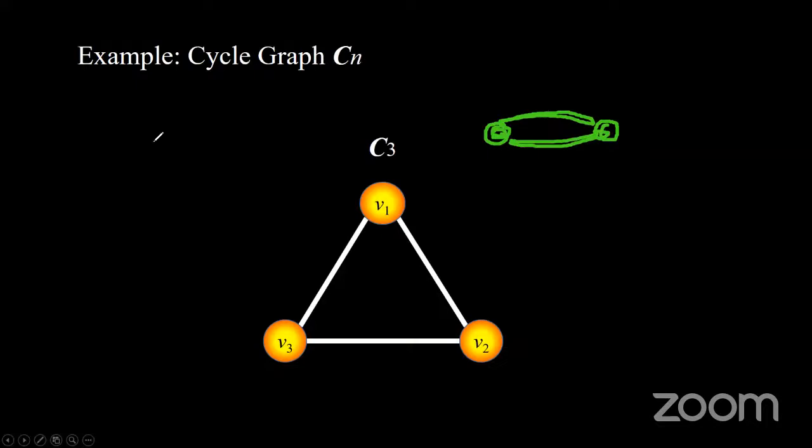And this one is called a loop. So that's the vertex, and it goes from itself. That's a loop. Now, a simple graph is a graph that has no loop and no parallel edges. So that is called a simple graph.